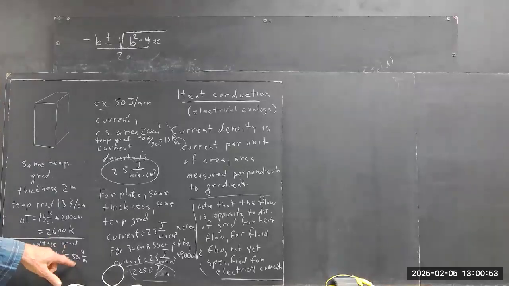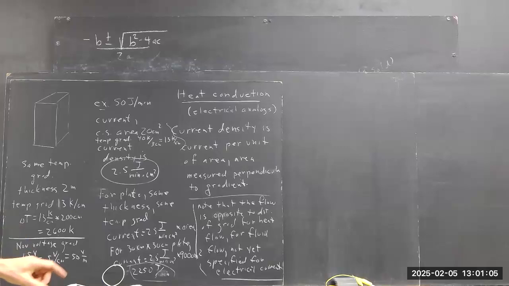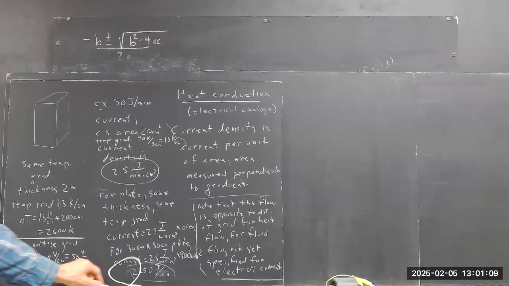Which could be written as 50 volts per meter, because a meter is 100 centimeters, you have 100 times as many volts over a meter as you would have over a centimeter, right? The 50 volts per meter is your potential gradient.